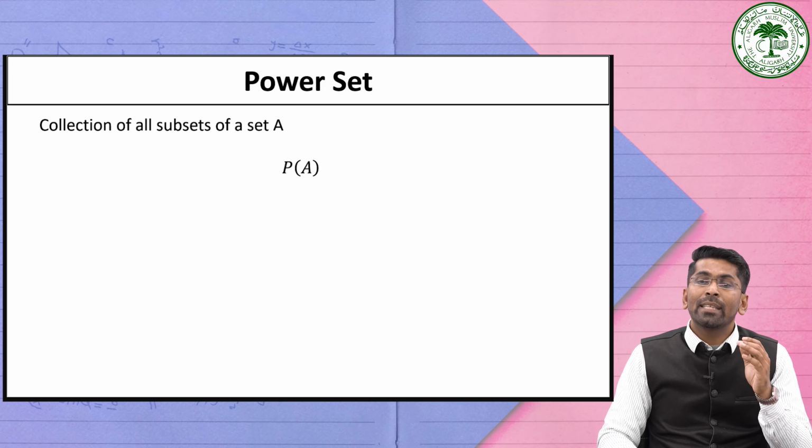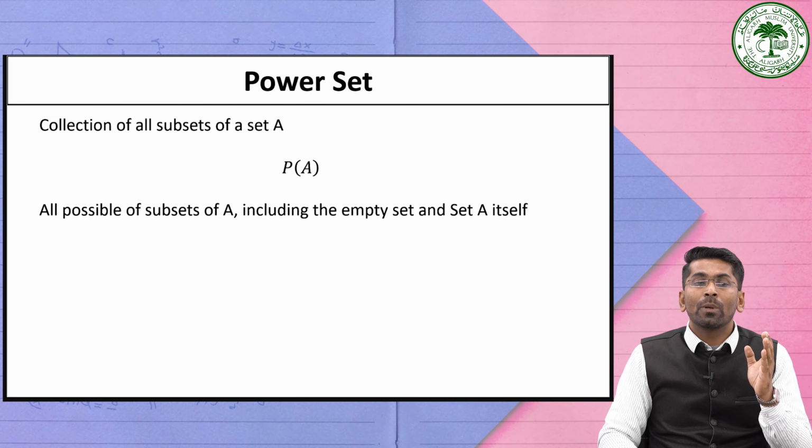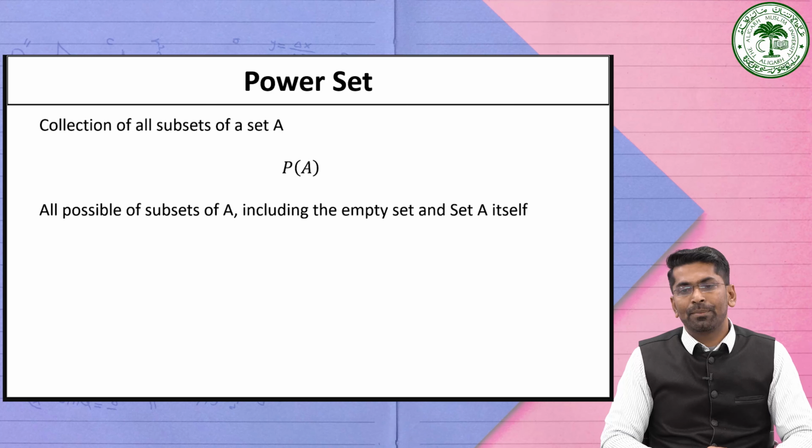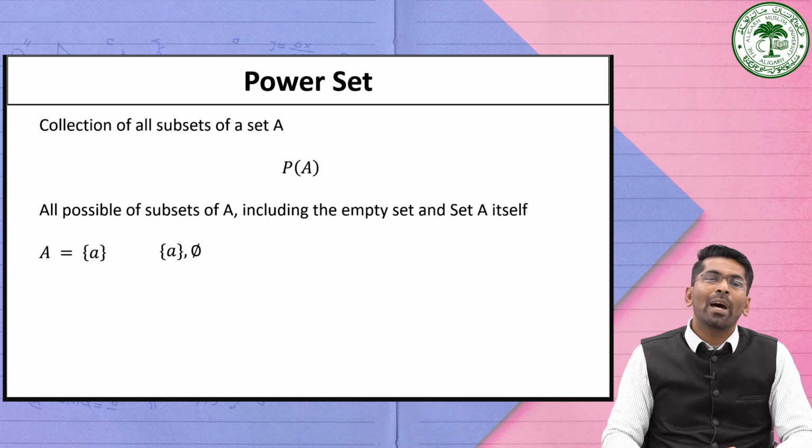Thus it is the set of all possible subsets of A including the empty set and set A itself. For example, if A is equal to {a}, then the subsets of A are the set itself, that is {a}, and also phi.